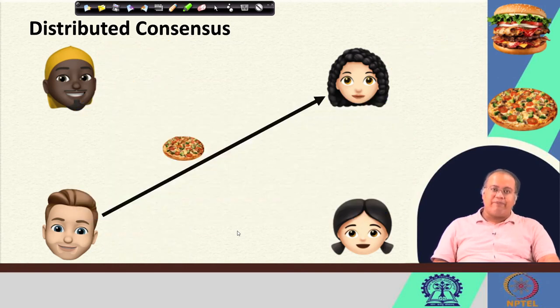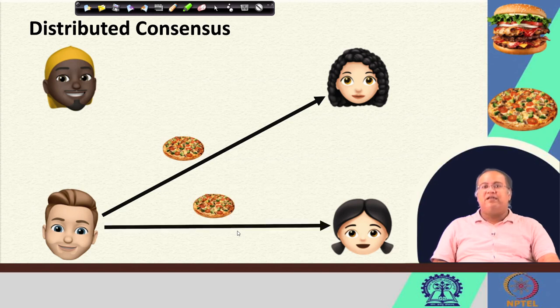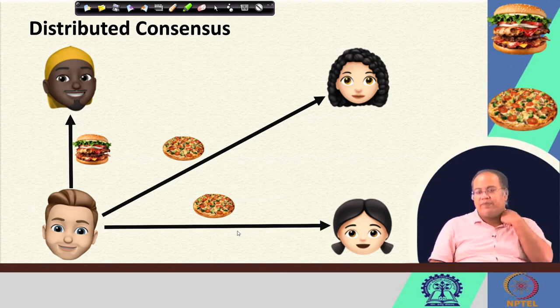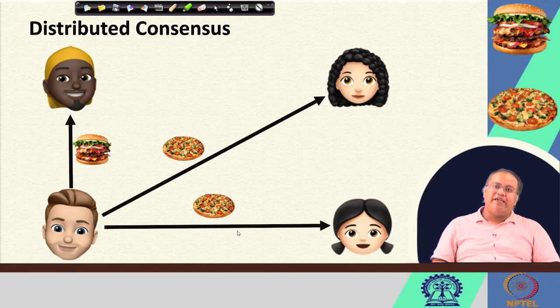What might happen is that one of your friends, when calling the ladies, says, I want to have a pizza. But when the same person calls the boy, the person says, hey, I do not want a pizza, I want a burger. So although I might like pizza or burger, whatever I like, I am not going to say it uniformly to others.